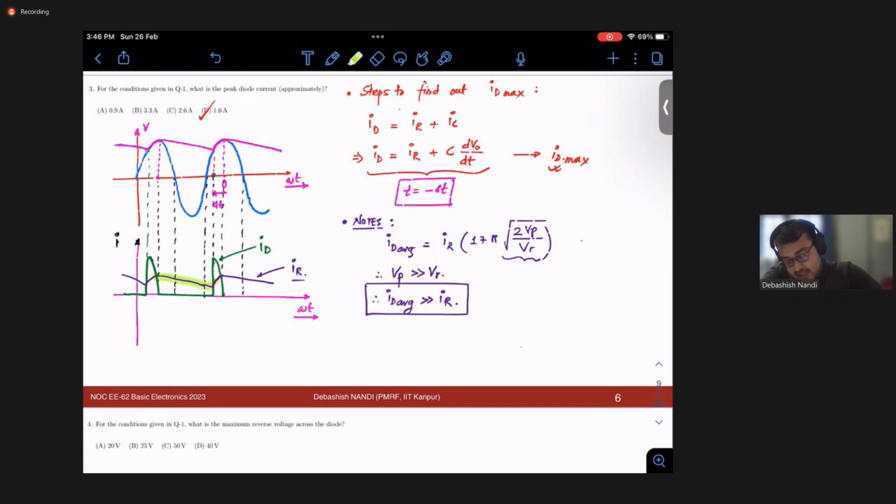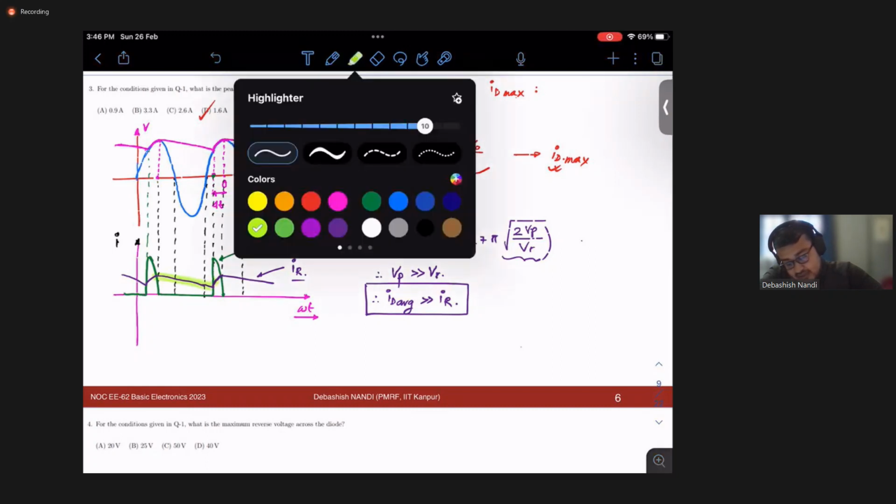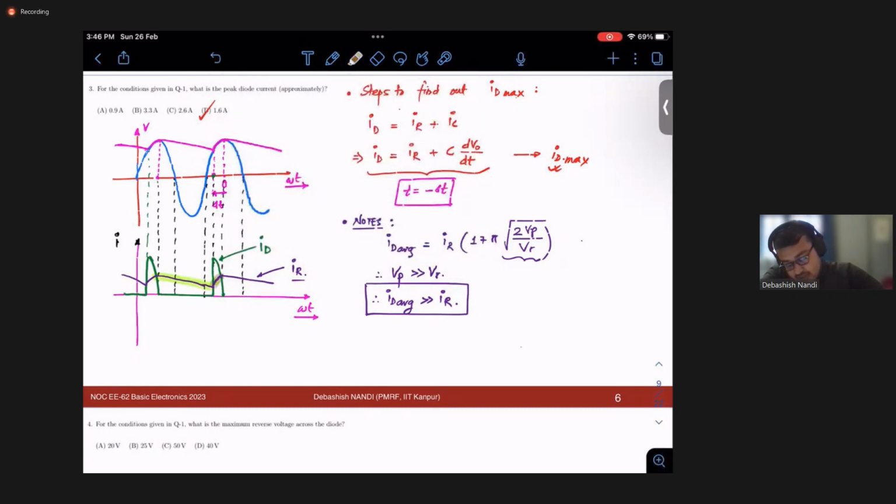You have just this instant. You have just this window, right? So obviously your average diode current which flows during this window will be much higher than your IR, which is considered to be constant in this case.